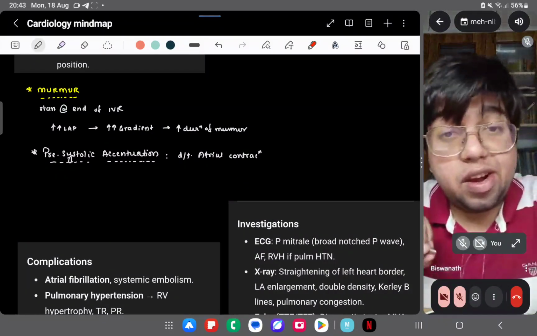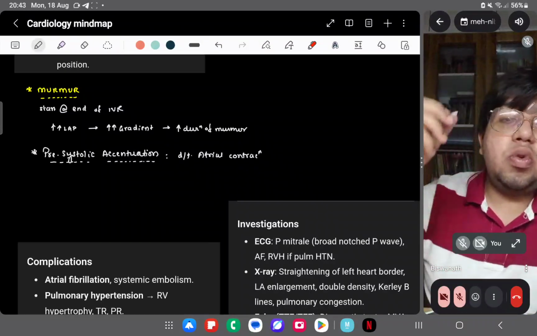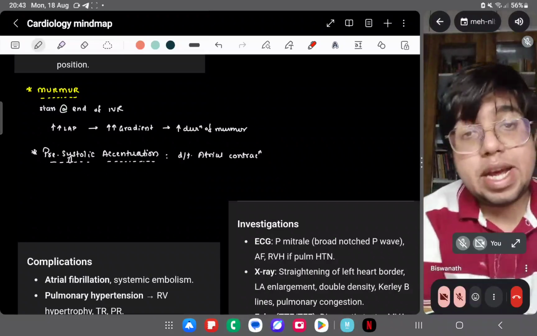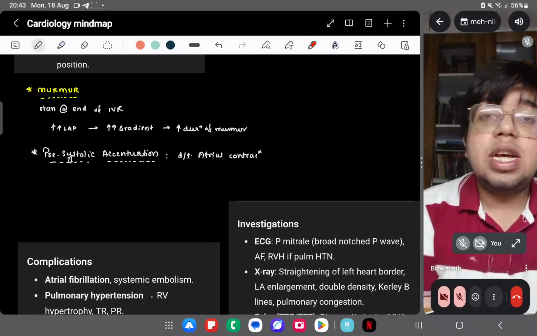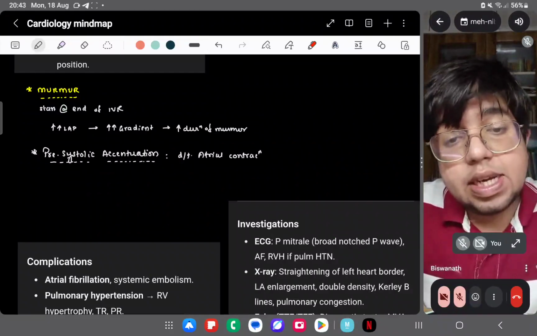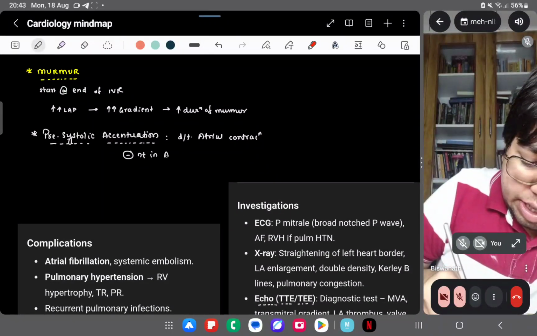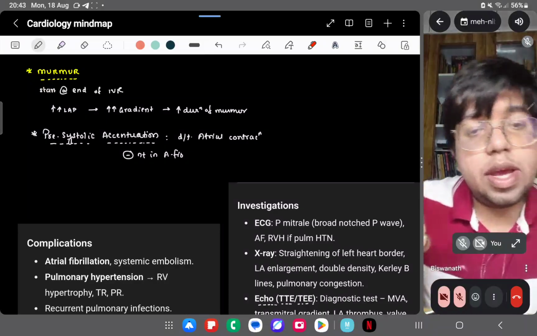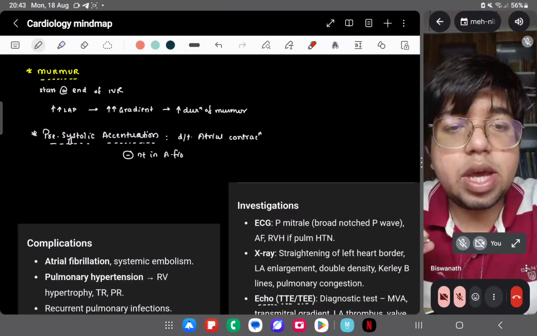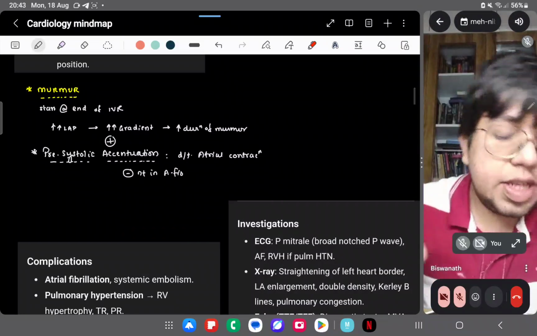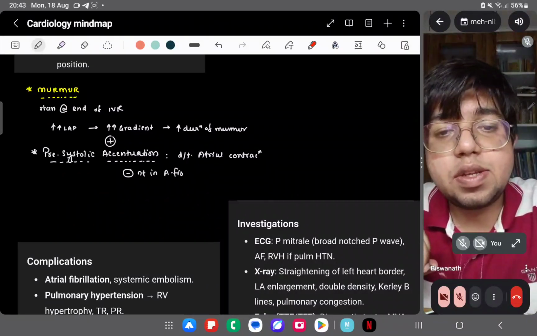So due to atrial contraction at the mid-diastolic period, this condition will occur, and this is absent in atrial fibrillation. Absent in AFib. This is commonly associated with this murmur.